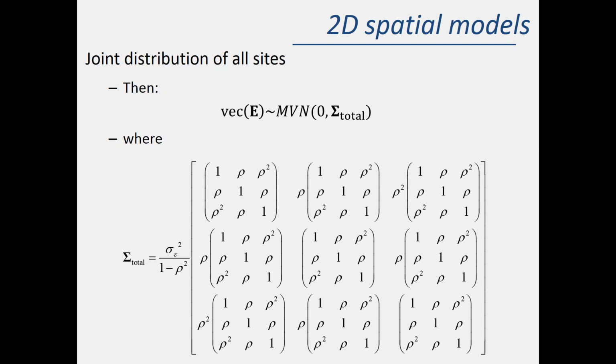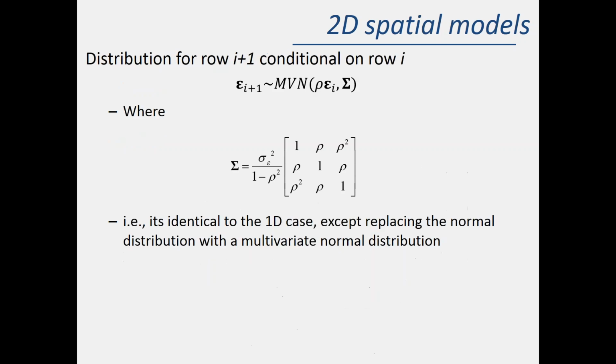given the way we defined it before, and that joint probability looks like this. So this block is the first row of that matrix E, and this is just the joint covariance that we worked out by hand before. And if you go one row down, the vector epsilon i plus 1 is equal to epsilon i times rho.